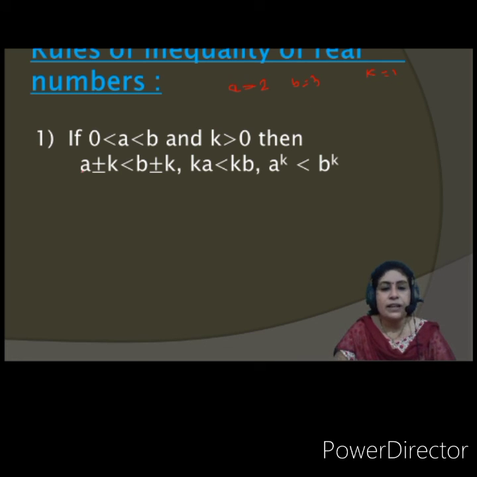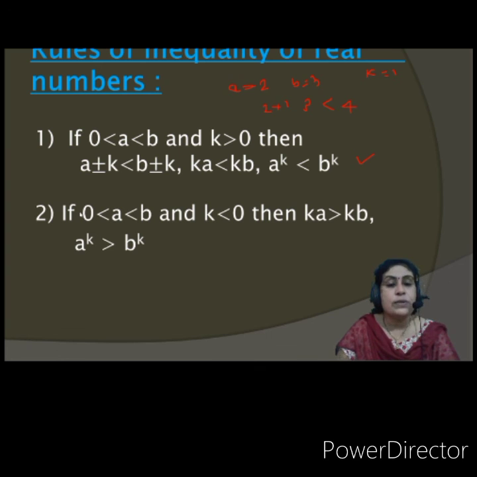So what will happen here? 2 plus k, 2 plus 1, is 3. And here 3 plus 1 will be 4, for b. And it will always be less. Same way, 2 into 1 will be 2, and 3 into 1 will be 3. Less. Then 2 raised to 1 will always be less than 3 raised to 1. So this is what they are saying here. This is a property of inequality.